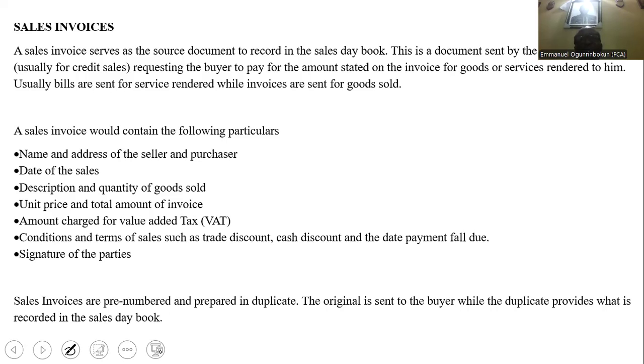Another name for daybook is generally journal. So when we talk about an invoice, it shows all information about what is to be transacted in terms of goods, the name, the date of the transaction, the unit price, total amount, and whatever information, including the value added tax, as you've seen displayed on our screen.